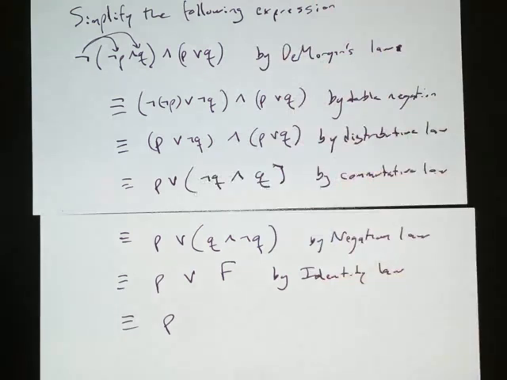Please note that as I increase the number of letters involved, the number of rows in a truth table can get bigger and bigger and bigger. If I have as few as, I don't know, 7 propositions involved, 7 different letters, I'm looking at 128 rows.